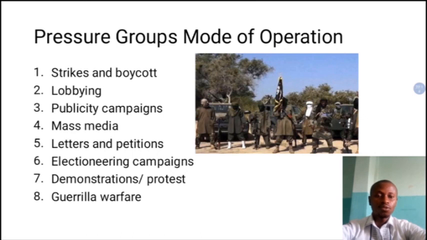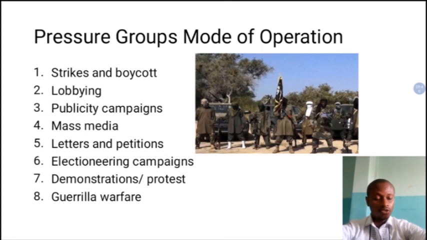Some pressure groups can even get to the level of picking arms against the government. Just as what we can see here, we can see this picture, these Boko Haram members. We can refer to it as a pressure group because they have interests they are fighting for, which is best known to them.